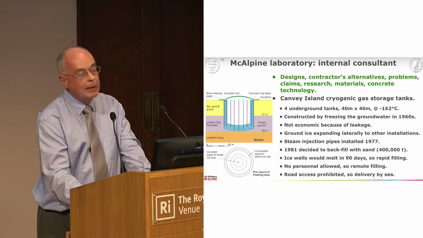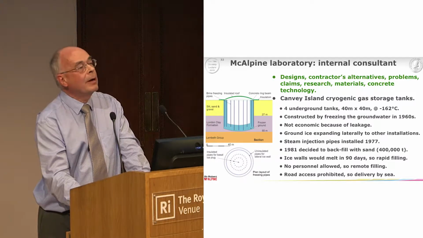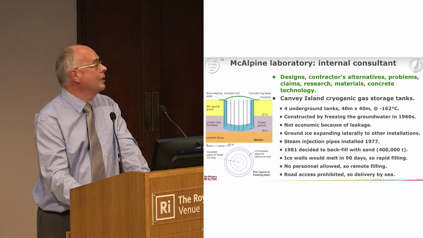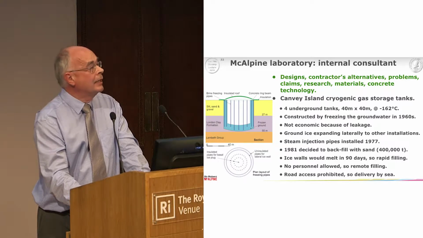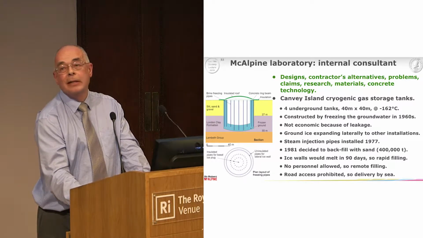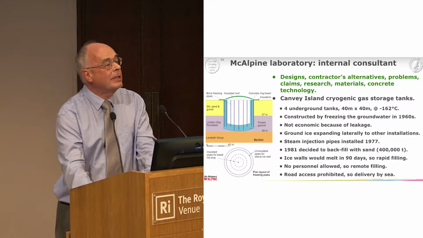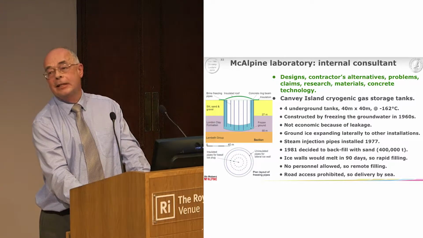You excavate out the unfrozen ground, put an insulated top on, and these were then filled with liquid petroleum gas that was imported from Algeria. But they proved not to be very economic, mainly because of the amount of leakage. An additional problem was that the ice kept getting bigger and started to threaten some of the other installations on this site. And so by 1977, they put steam injection pipes in the ground to limit the spread of the ice. So clearly not a very eco-friendly thing to do.